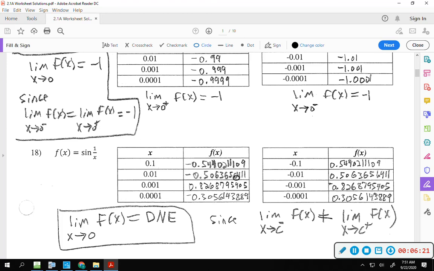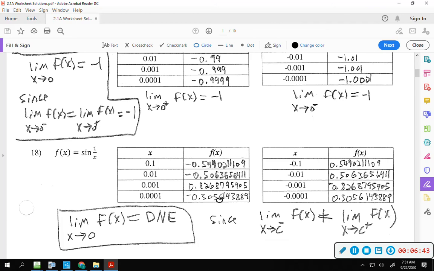You should have all of these digits written down, so that you can see sometimes it actually will approach a particular decimal value. But look at this: negative 0.54, then negative 0.506, then positive 0.826, and negative point. It does not seem to be zooming in on a particular value.